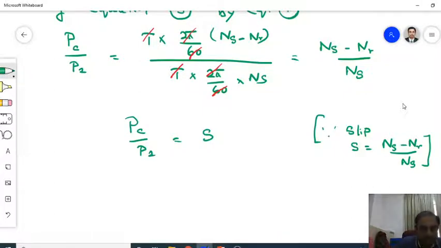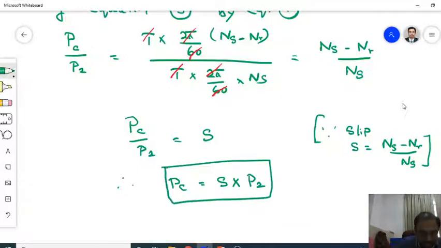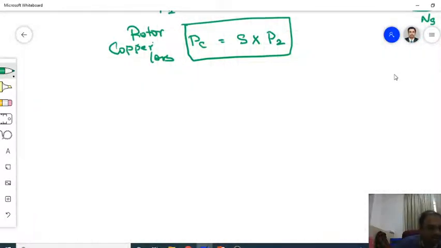Therefore, rotor copper loss is S into P2. This is the rotor copper loss.